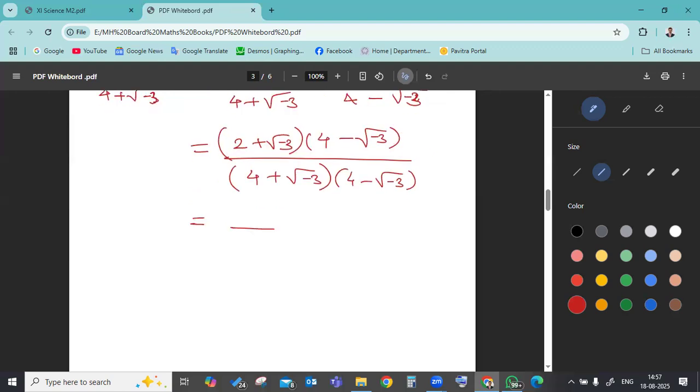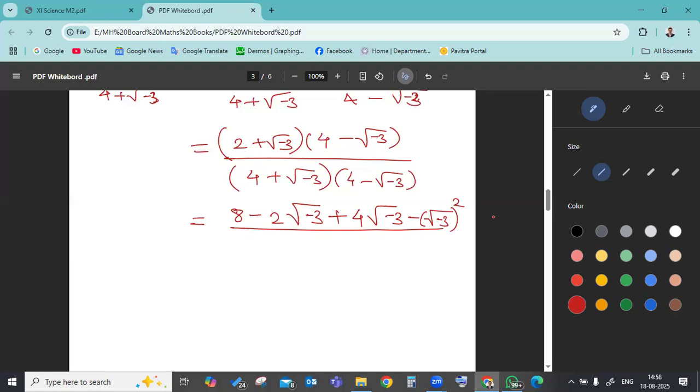Tell me the numerator. 8 minus 2 root -3, plus 4 root -3, minus root -3 squared.